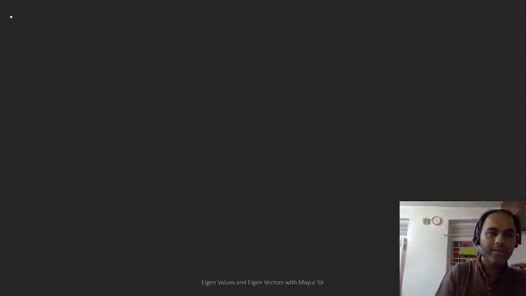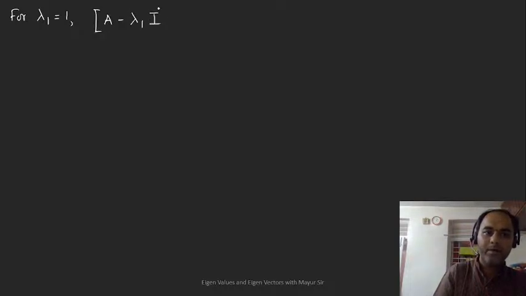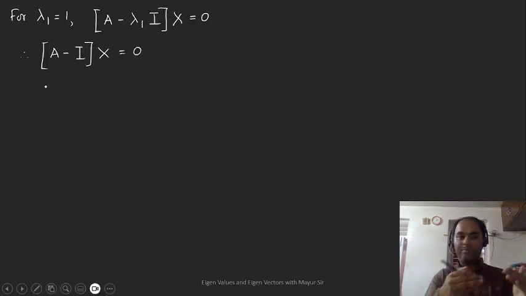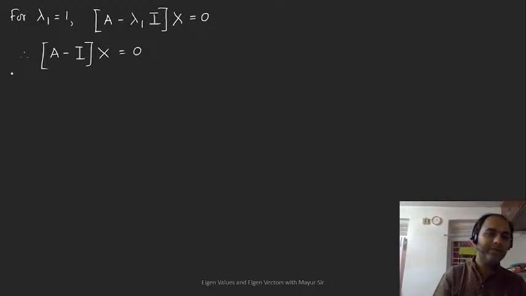So the first thing, for lambda 1 equal to 1, we have the equation (A minus lambda 1 I) X equals 0. Therefore (A minus I) X equals 0. Now what do we do? From the diagonal elements we will subtract 1.